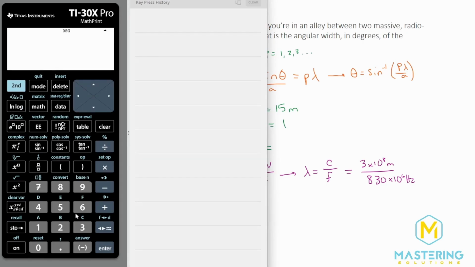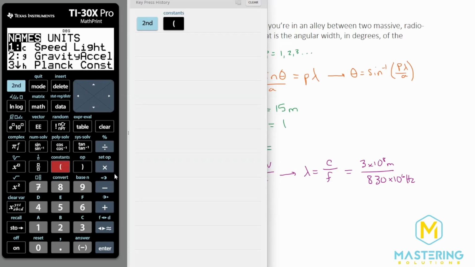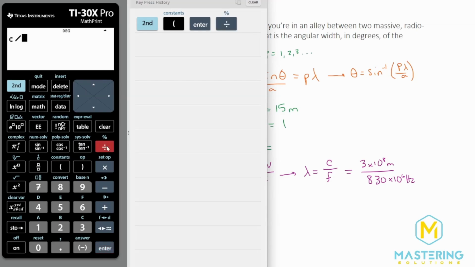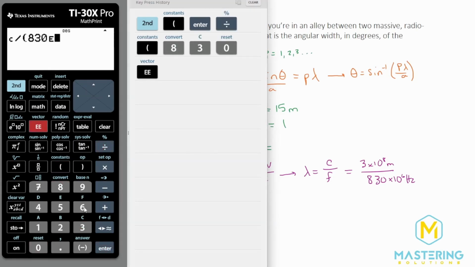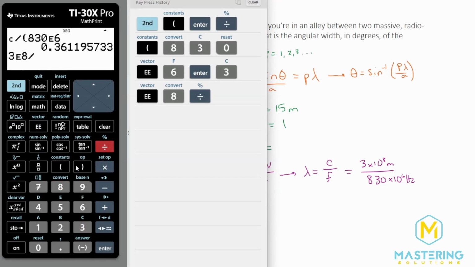You can plug in 3 times 10 to the 8th, or just to show you, you can also hit second and go down to constants, and number 1, speed of light right there. So we have c divided by 830 times 10 to the 6. And that gives us 0.361. Let's just say 0.361. That works. If you use 3 times 10 to the 8th and then divide that by the 830 times 10 to the 6th, you'll get a slightly different answer, very similar.